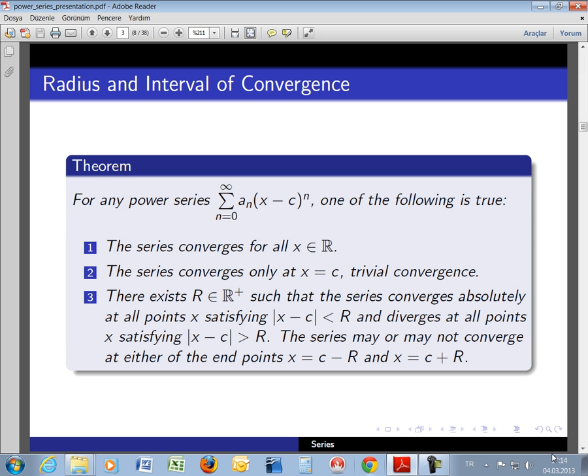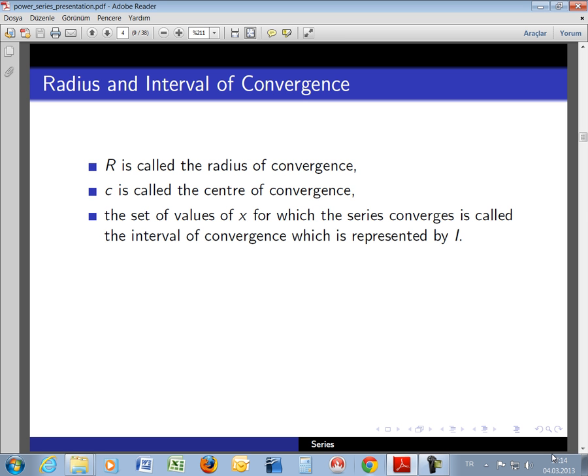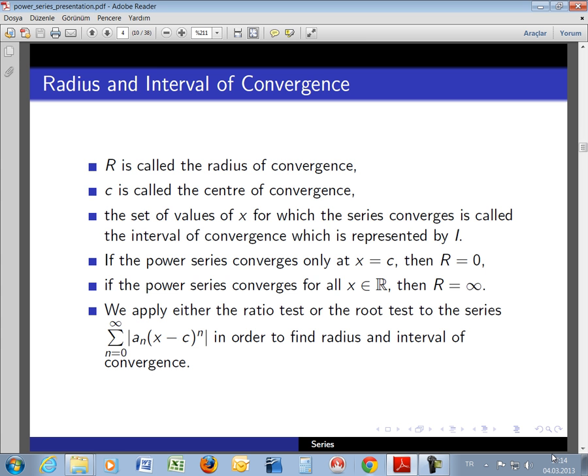In this theorem, there is a number r, which is called the radius of convergence, c is called the center of convergence, and the interval on which the series converges is called the interval of convergence, and it is represented by I. If the series converges only at x equal to c, in this case the radius of convergence is 0.